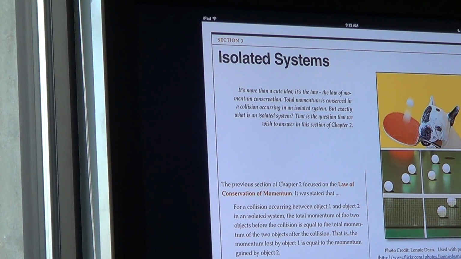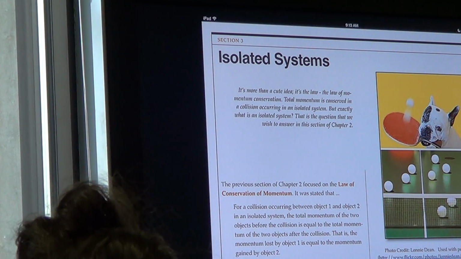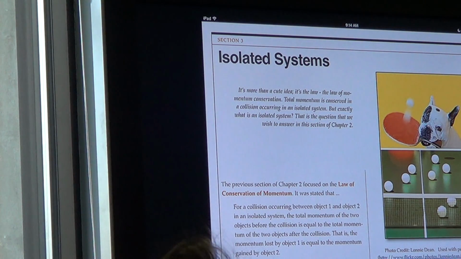So let's look at the last page of your packet. I would like to look at number 19 with you guys, and then I'll give you some time to finish up the rest on your own.